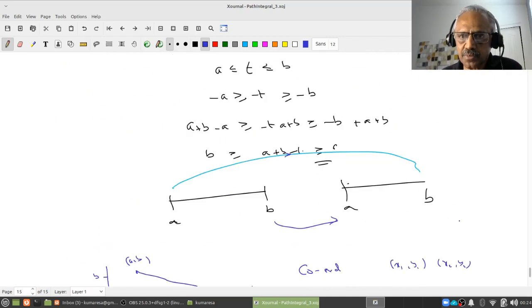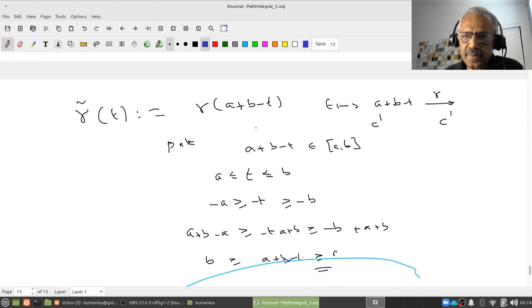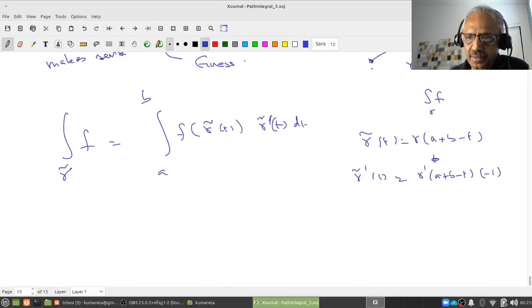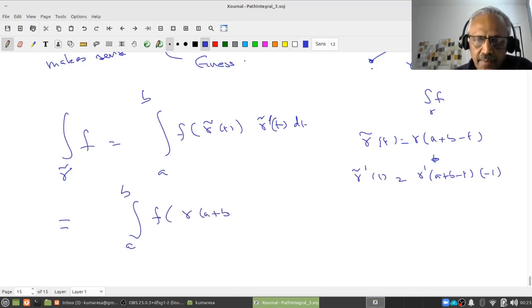Remember, it's a composite of two functions, right? T going to a plus b minus t followed by gamma. Therefore apply the chain rule, gamma prime at this point and the derivative of this. Okay, by now I hope all of you are comfortable. Therefore this is the one, right? Therefore this is integral a to b f of gamma of a plus b minus t into gamma prime of a plus b minus t times minus 1. So let me put a minus 1 dt.